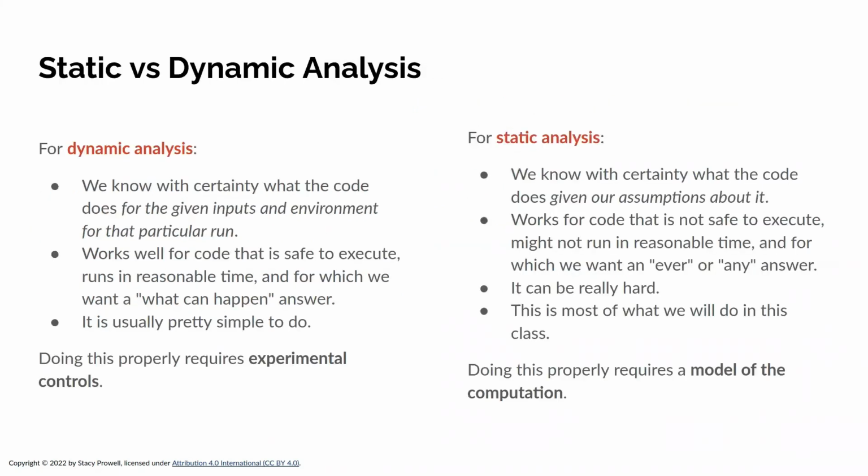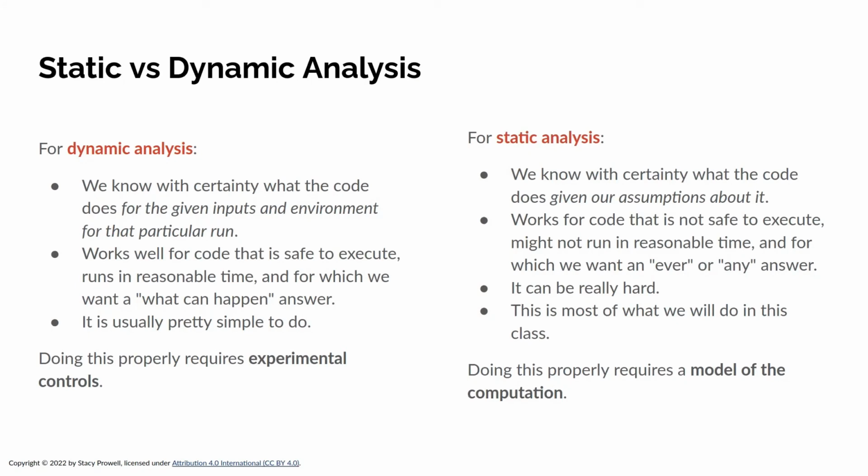So we have two different techniques here. We have dynamic analysis, where I run the code and now I know what the code does for the particular inputs and in the particular environment in which I ran the code. It's very specific, but yeah, if I'm running it in an environment where there's not much memory available or where there are lots of other programs running, it may actually behave differently.